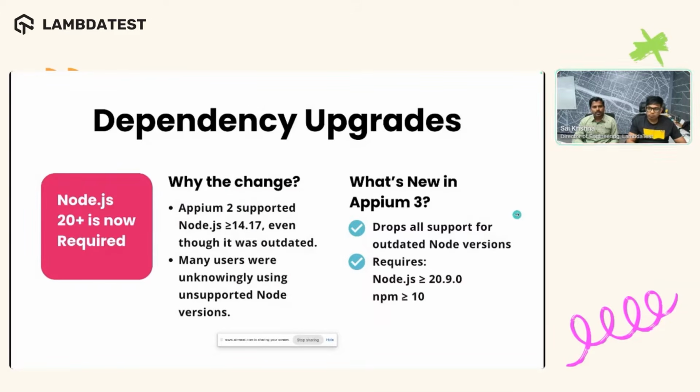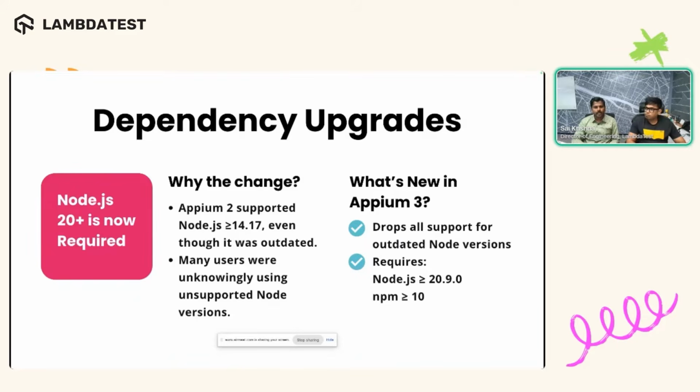So as I was talking about dependency upgrades, Appium 2 supported Node 14.17, although it was outdated at that moment in time when we released it. I believe quite a lot of our users are on 18, 19 or so quite recently, so hopefully it is not a major shift for all of us.